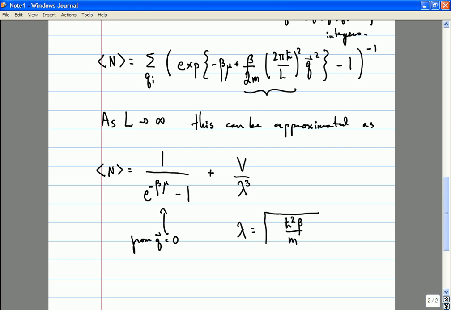And then you have some complicated integral, which will depend, among other things, on beta mu, a parameter that I'll call z. Well, I won't even bother calling it z. And I'll just call that integral g.